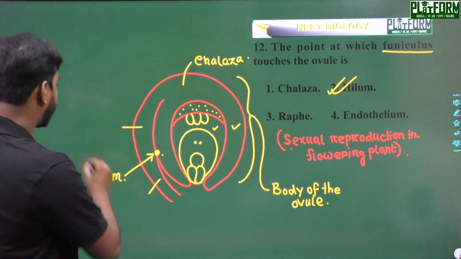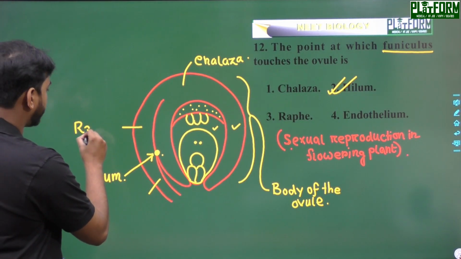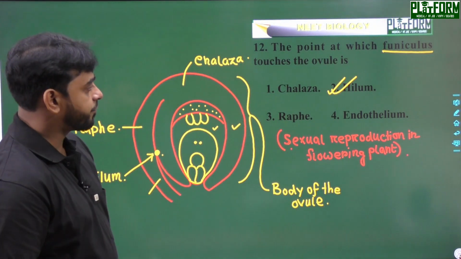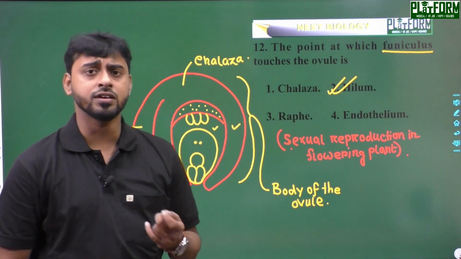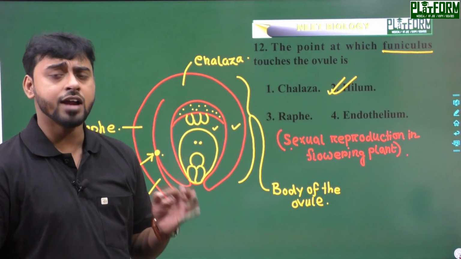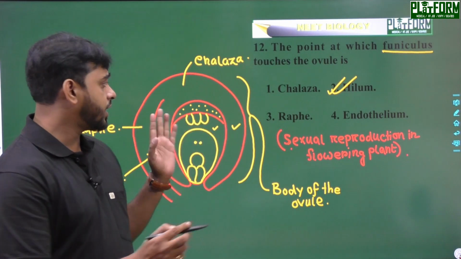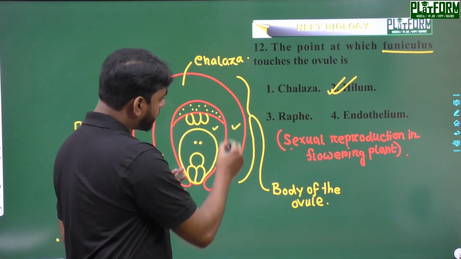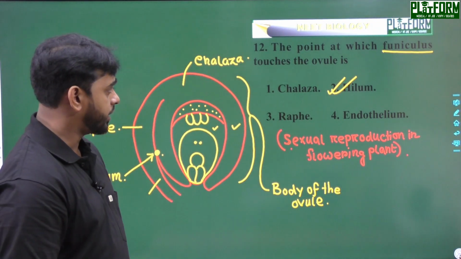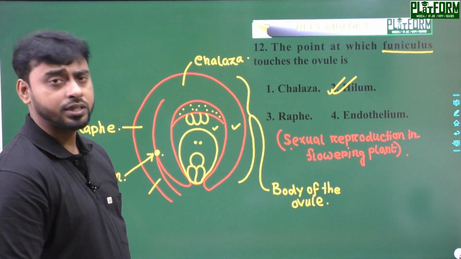Raphe is considered an arm of the ovule. And this is not the endothelium. What is endothelium? The innermost layer of the embryo sac, a layer which is present in between the embryo sac and the integument. That's the endothelium. So the answer will be the hilum.